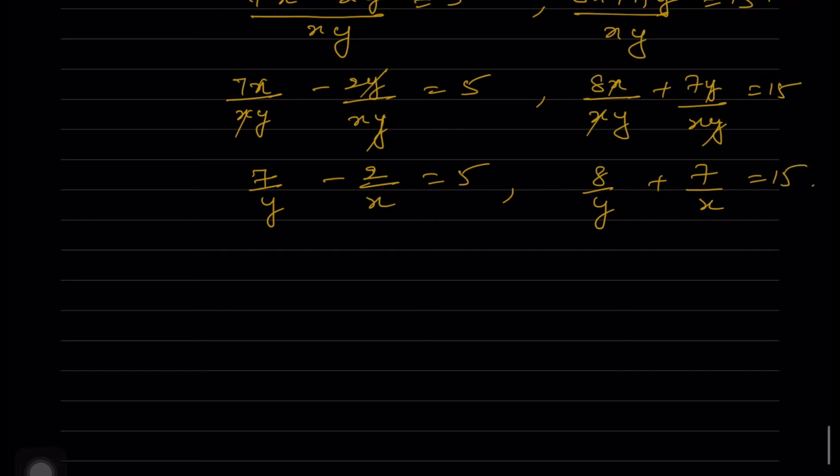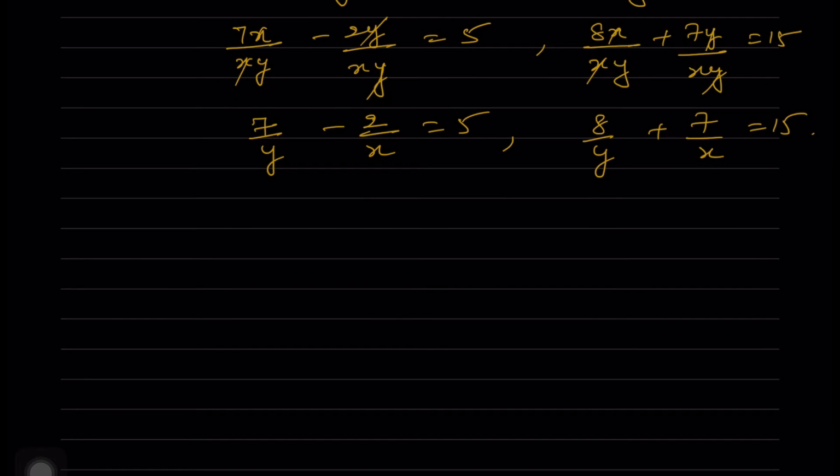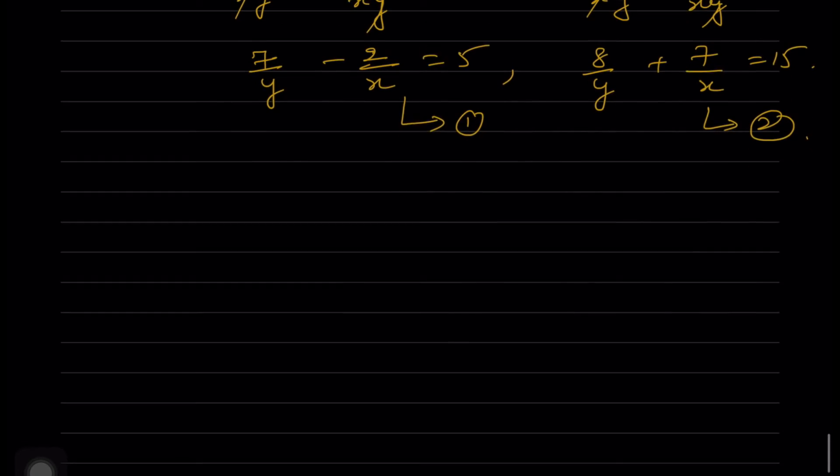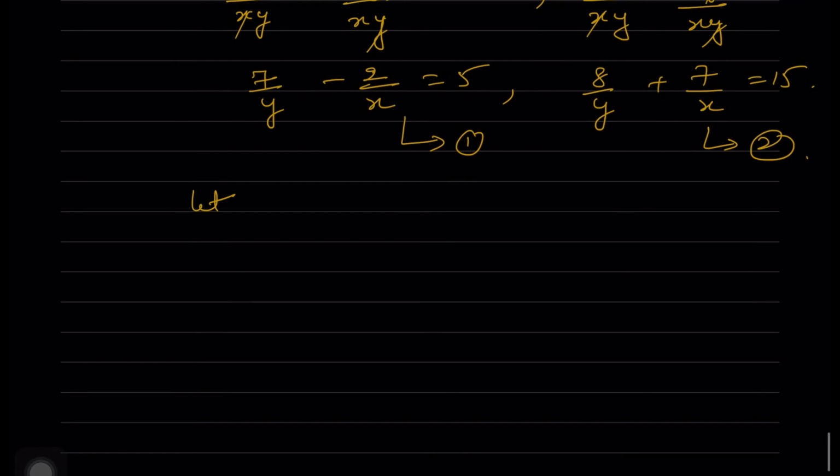We get 7 by y minus 2 by x is equal to 5 and 8 by y plus 7 by x is equal to 15. So now we got this as the first type of problem again. So we put 1 by x is equal to u and 1 by y is equal to v.